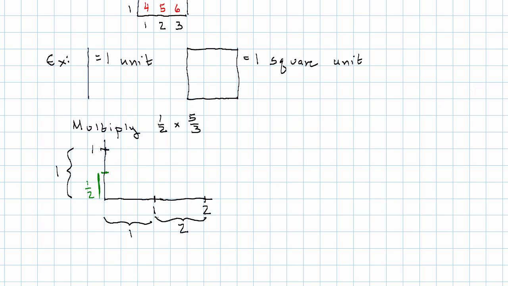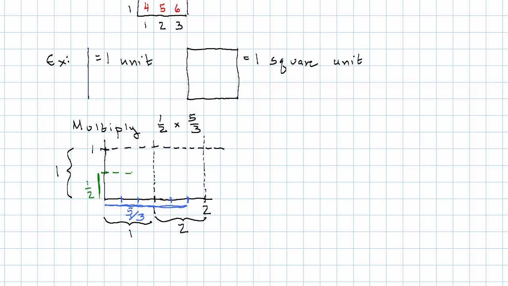On the bottom, I'm going to draw my 5/3. In order to do that, I'm going to split each unit into 3 equal parts, and then take 5 of them. So now this distance will be 5/3. Notice, extending my unit lines, I see where I've drawn out my square units.